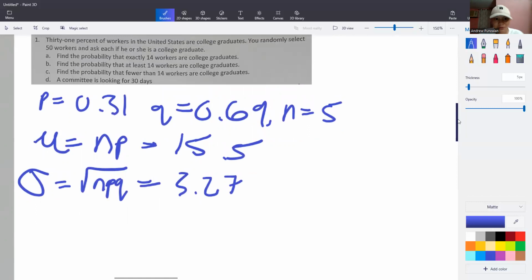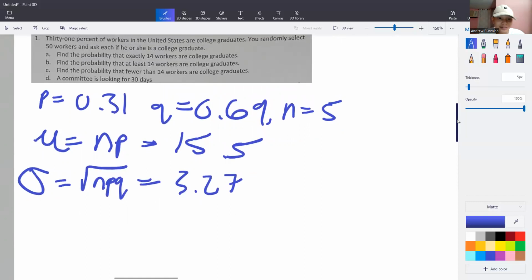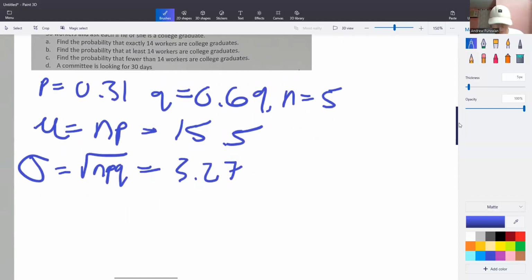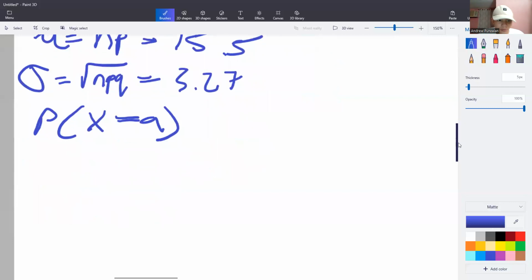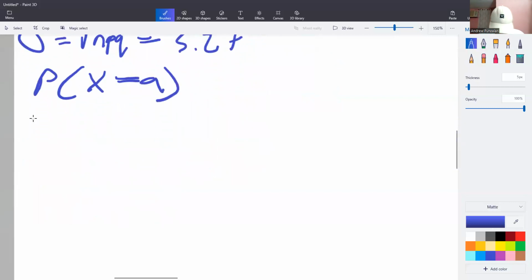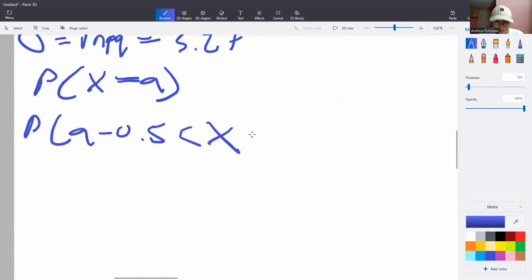So first you have to find the formula. Since it says exactly 14 workers, our formula is P of x equals A. The formula for that is P of x in between A minus 0.5 and A plus 0.5.